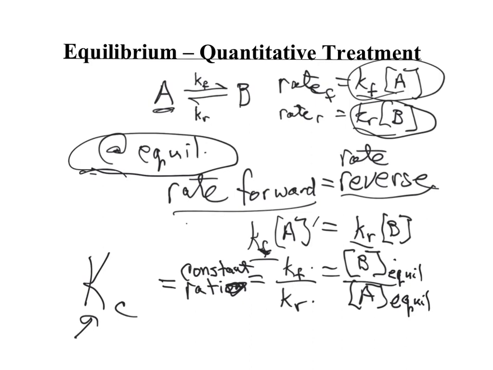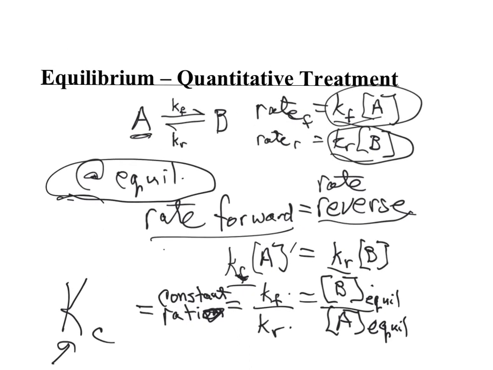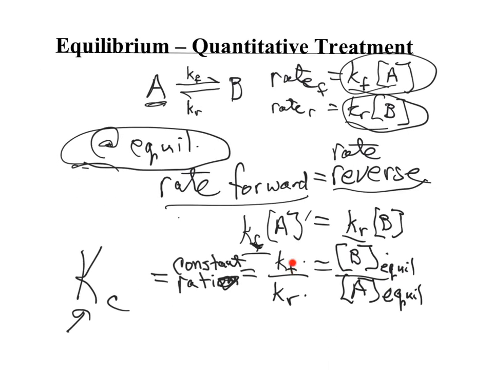Except before I do that, I want you to also see that you can often express an equilibrium constant using a ratio of rate constants. And I feel like I need to apologize to you because we're going to use the letter K a lot. We're going to have equilibrium constants called Ks. We have rate constants called Ks. Little rate constants, lowercase k, are rate constants.